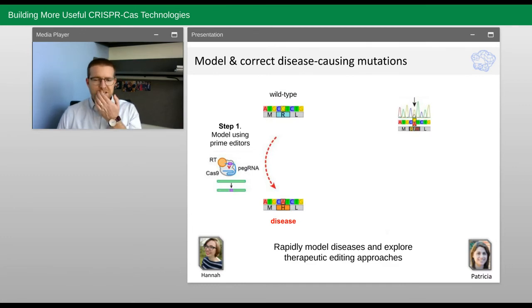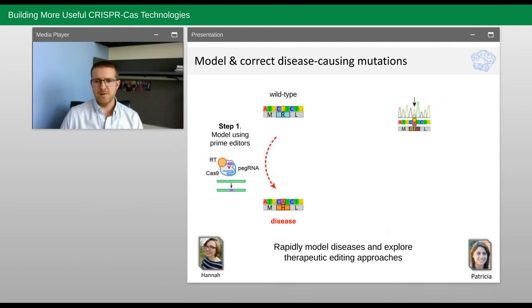So one practical example here, where with a collaborator, we were able to make a cell line harboring this disease-causing arginine to histidine change. We did this using a PAM variant prime editor. You can see here that we were able to make this heterozygous cell line that had one G allele and one A allele.